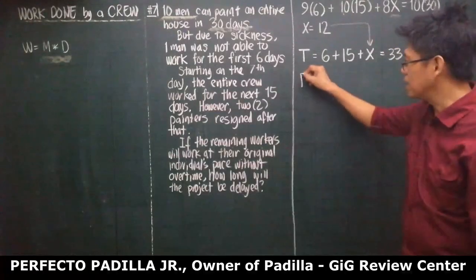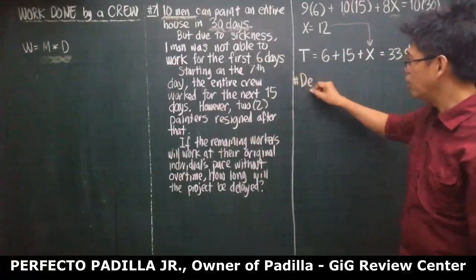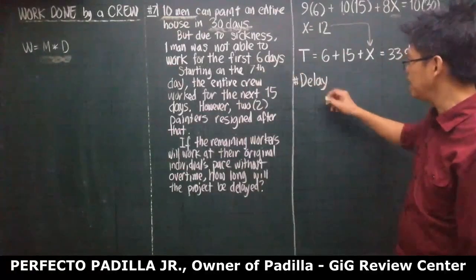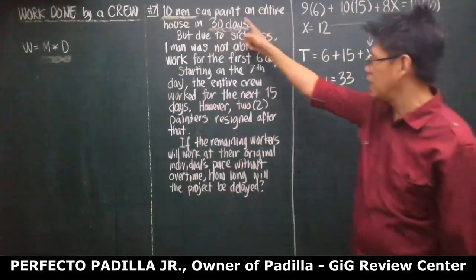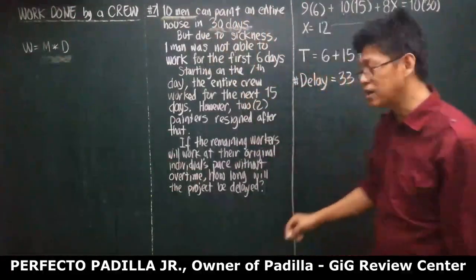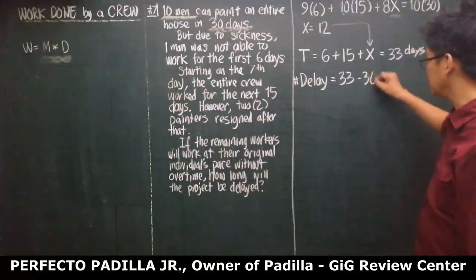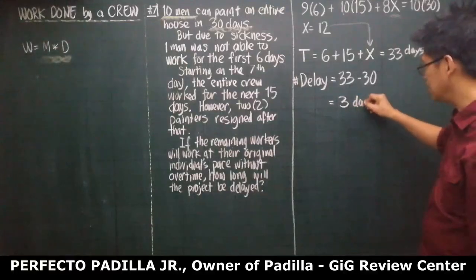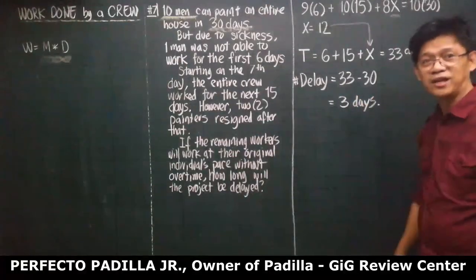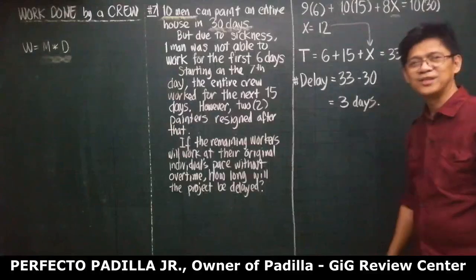So, ibig sabihin, the number of days delay is going to be 33 minus the original number of days, the target days, 30. So, there was a delay of 3 days. So, ito yung delay. You get it? Okay. You may copy.